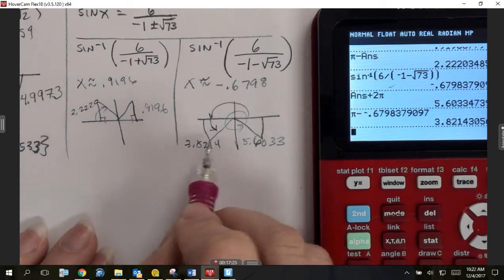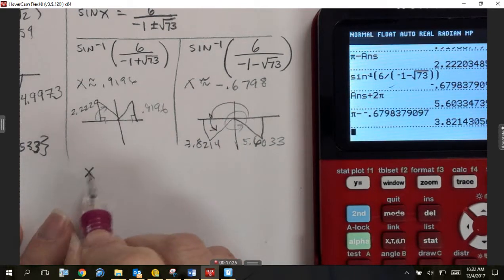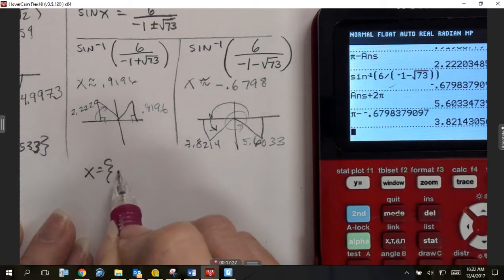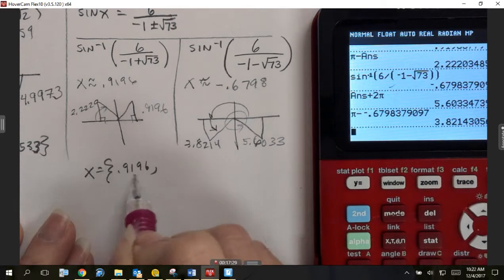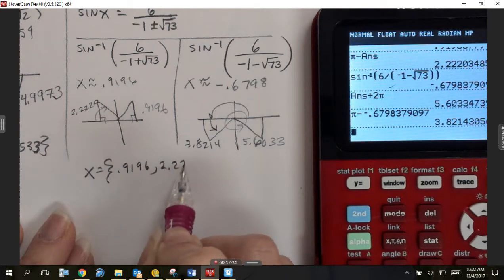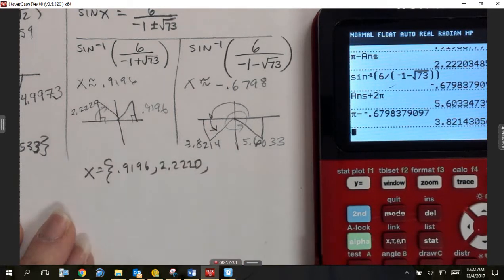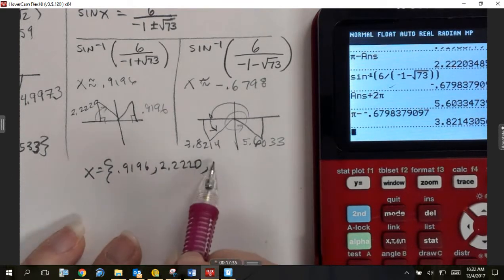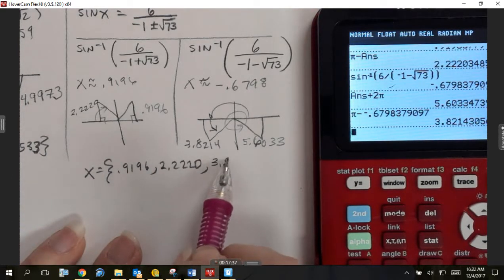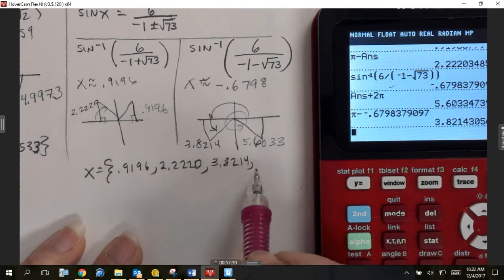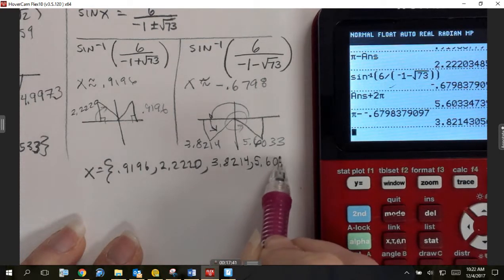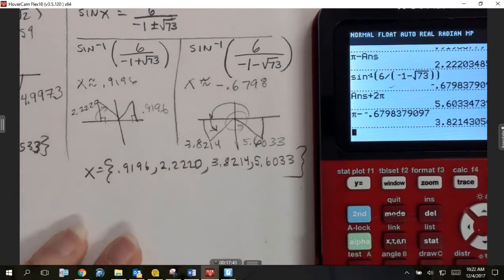That gives 3.8214. Then just put all 4 answers in numerical order in fancy brackets. When you have that, turn the page so I know you're going.